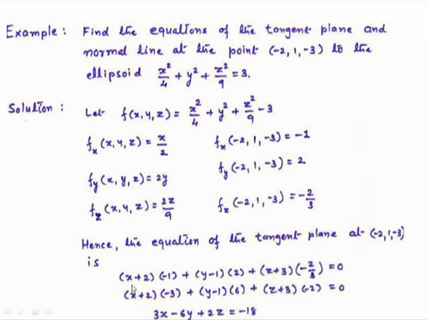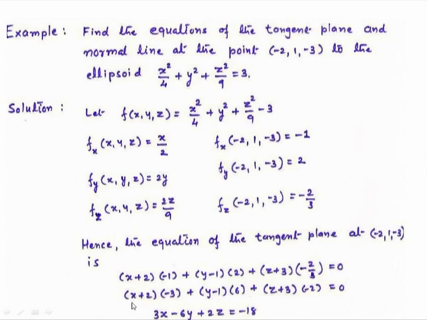So we get (x plus 2) into the partial derivative at the given point, which is minus 1, plus (y minus 1) into this partial derivative at (minus 2, 1, minus 3), which is equal to 2, and (z plus 3) into minus 2 by 3, which is equal to 0.